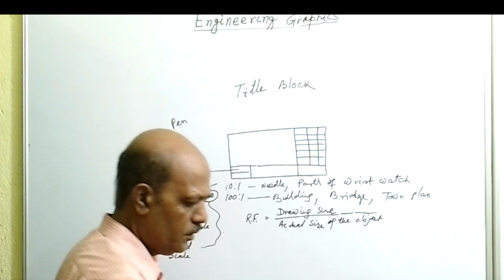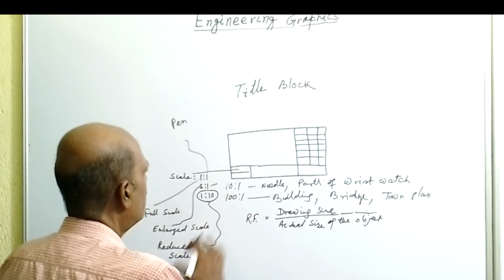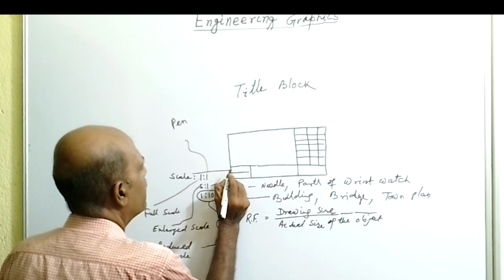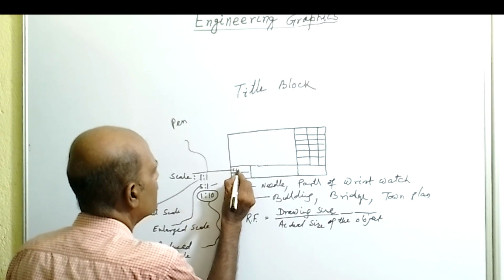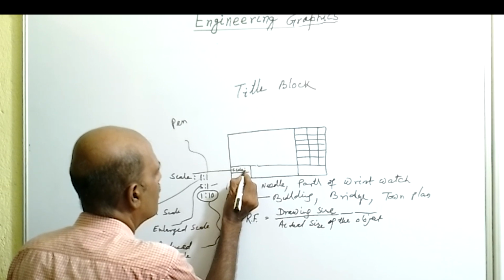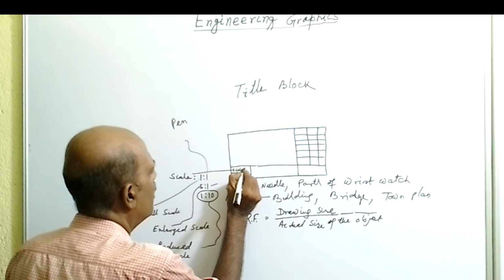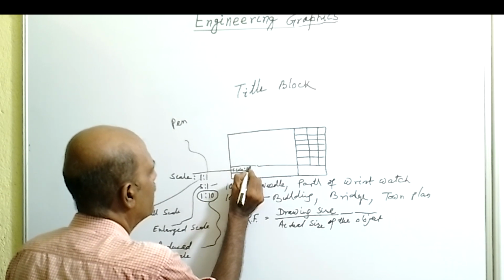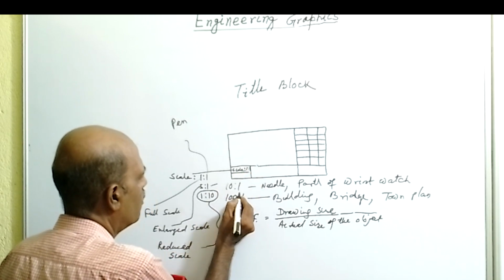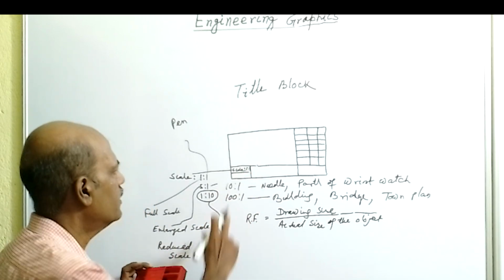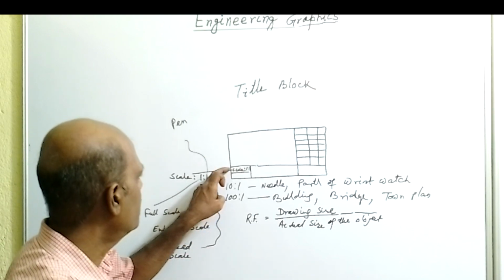So next information: here we will write scale, colon, then 1:1 or 1:5 or 10:1 or 100:1. This information will be in this box.